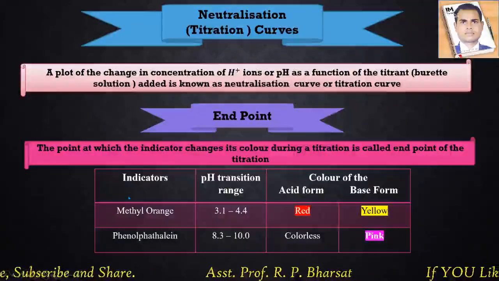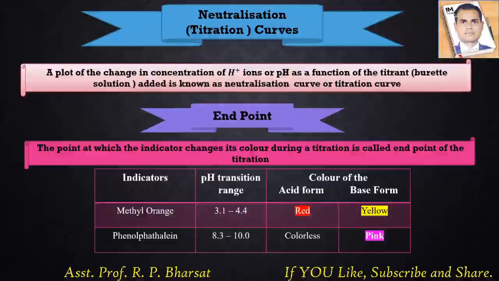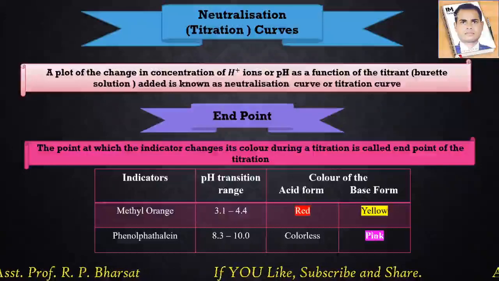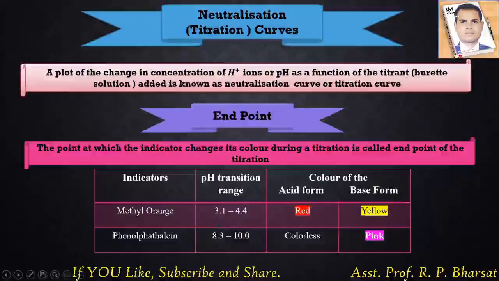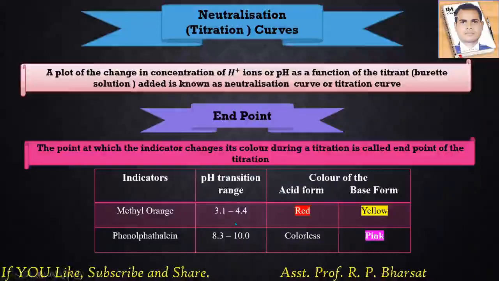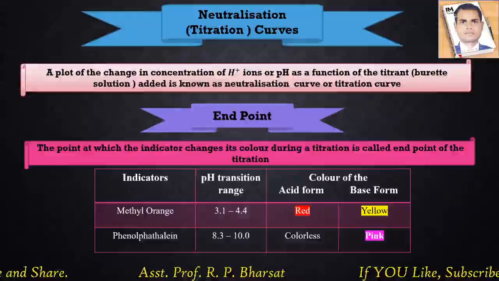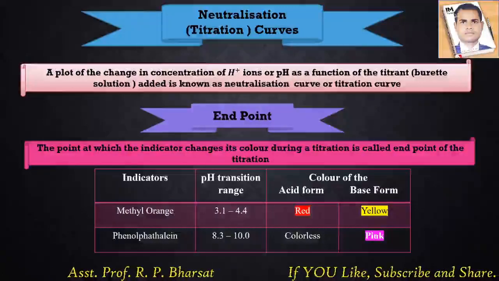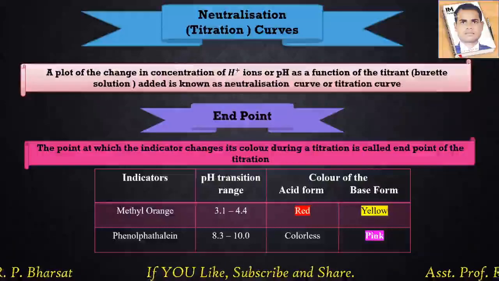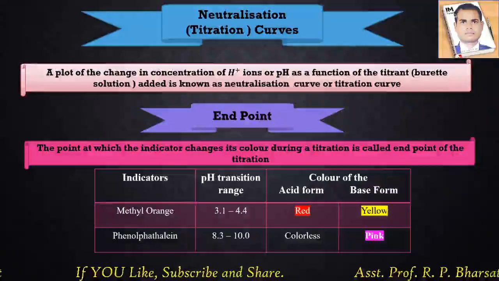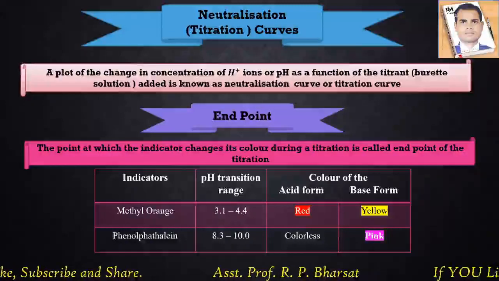If you are doing a titration using methyl orange indicator, you will get the endpoint only within this pH transition range, that is 3.1 to 4.1. And if you use the phenolphthalein indicator, you will get the endpoint between this pH transition range, that is 8.3 to 10.